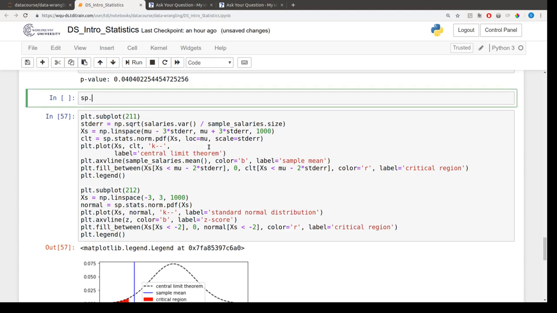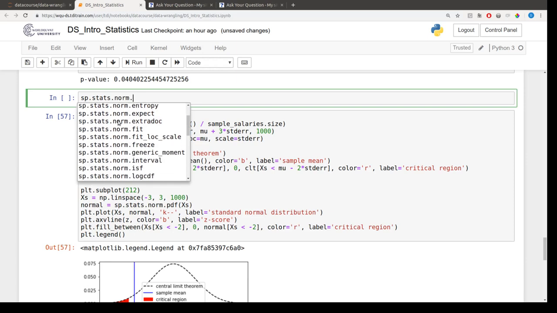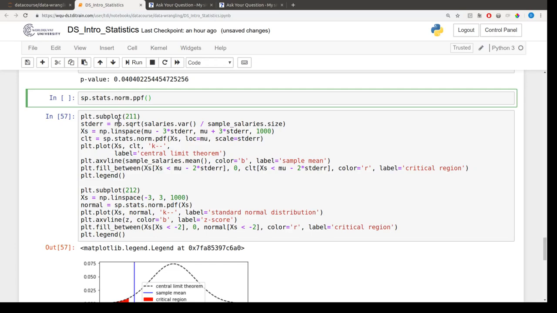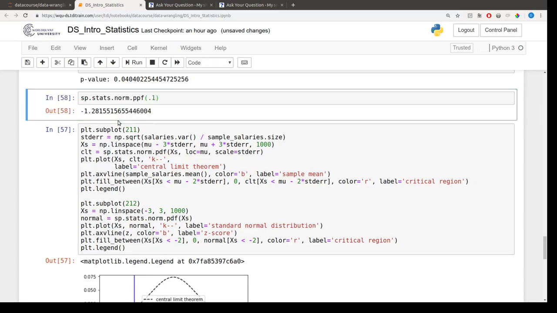So let's see, scipy stats norm, and here I want PPF 0.1, so I need 1.28.